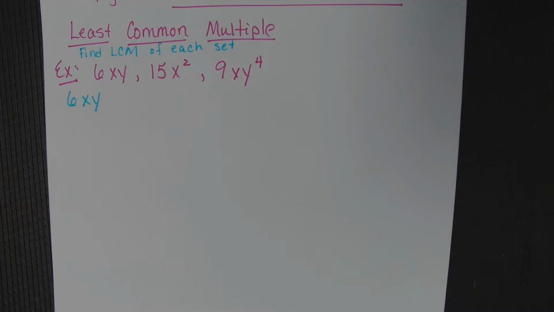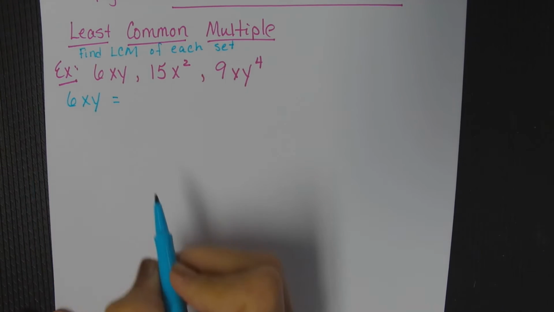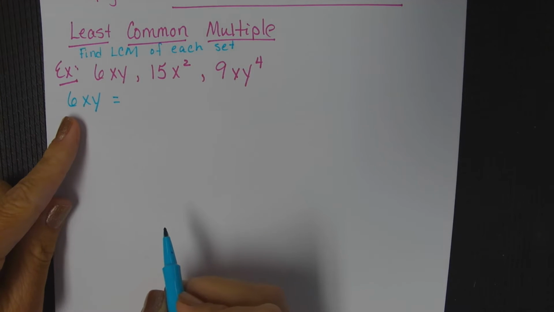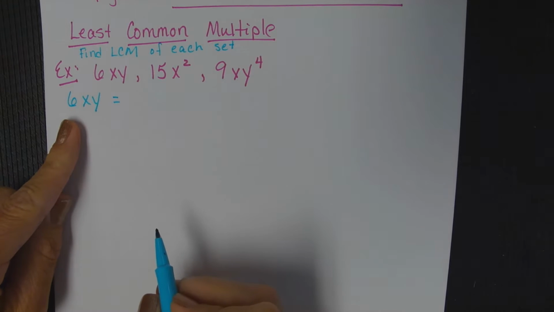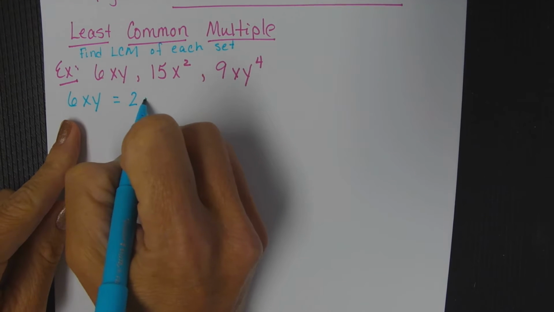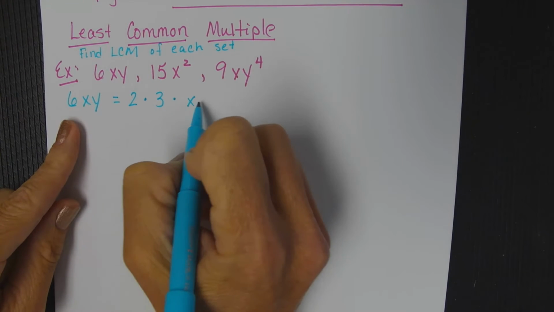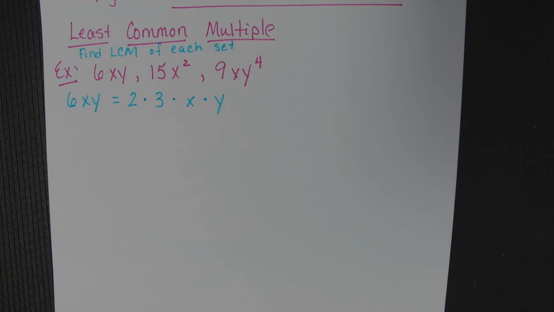6xy first. We're going to go back to prime factorization. Y'all are old enough and seasoned enough, you should know that in your head, just in case. Take the number 6, break it down: 2 times 3. Good. 2 times 3 times x times y.